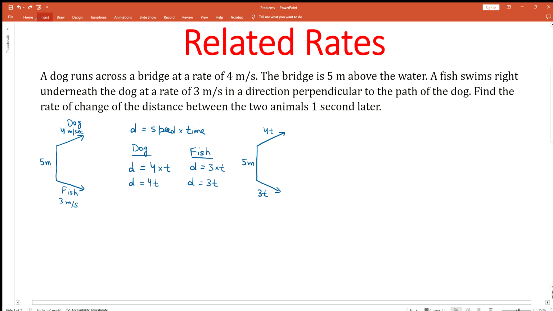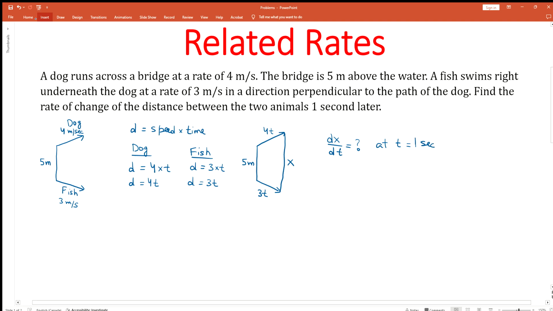The distance between these two animals t seconds later can be shown by this line. Let's assume the distance between them is x meters. Since we have to find the rate of change of the distance between the two animals, that means we have to find dx over dt at t equals 1 second.